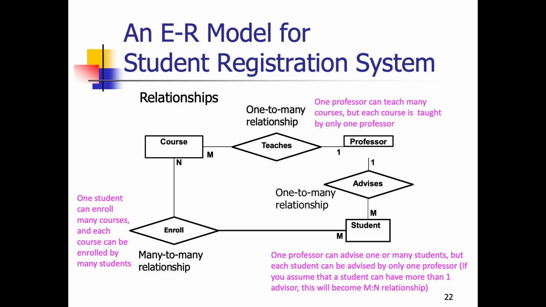This is not correct, because in reality each professor can supervise many students. In most cases, professors supervise different students, but each student often has only one supervisor. In that case, the relationship is one-to-many.